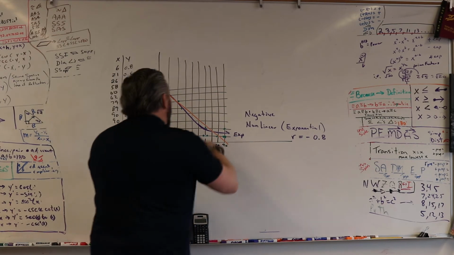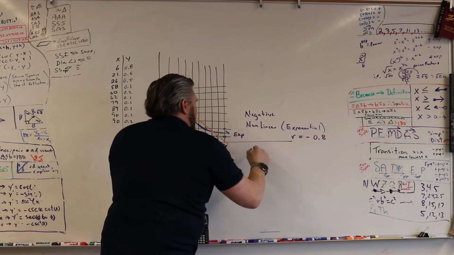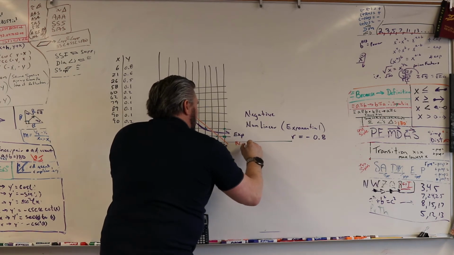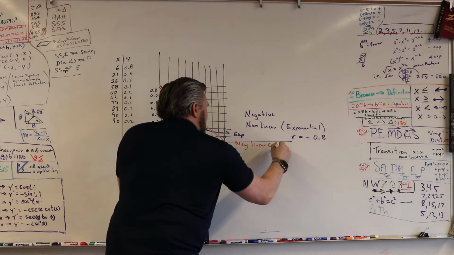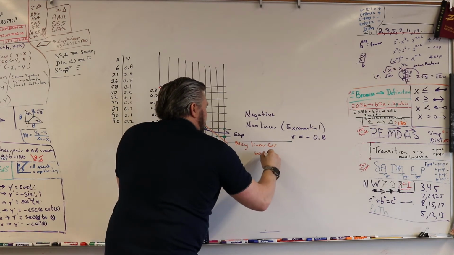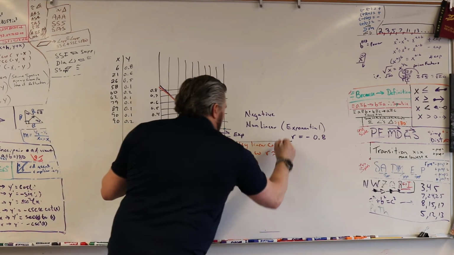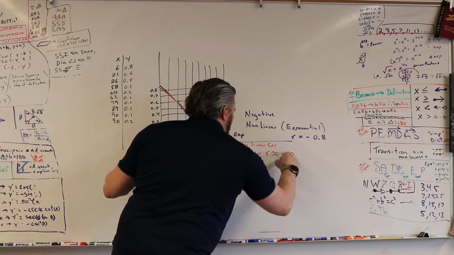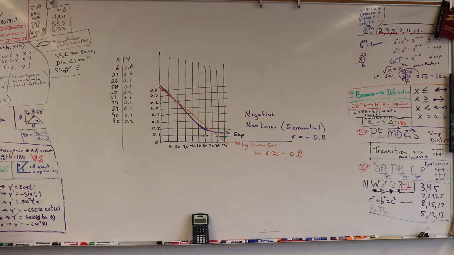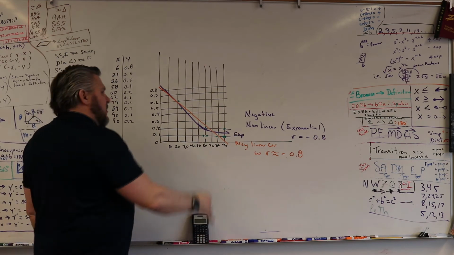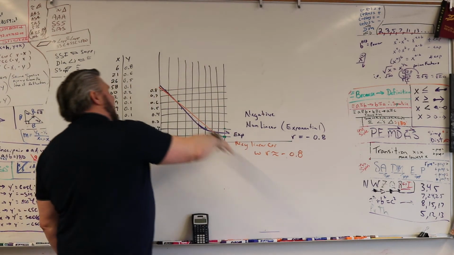So on your test, if you said, hey, I cut the data in half, I noticed that it's a negative linear correlation with an R value of approximately negative 0.8 or 0.8, okay? And I would say, okay, I'll accept that. But you gotta draw your line, cutting the data in half. I could accept that on this one.